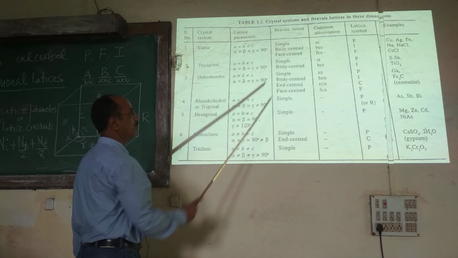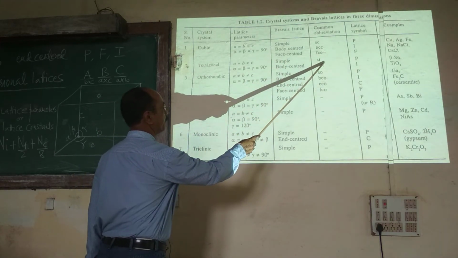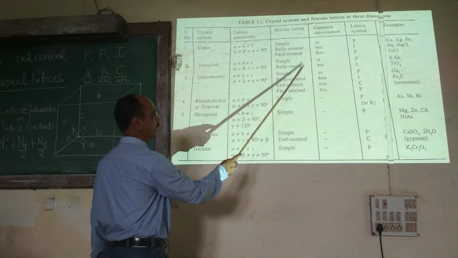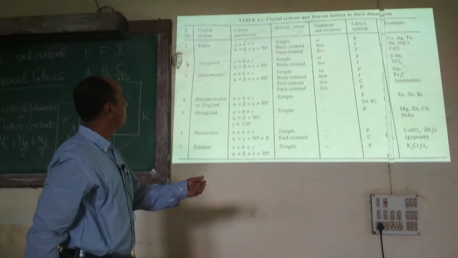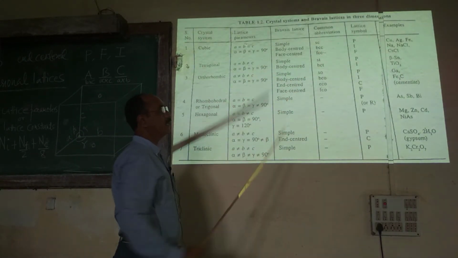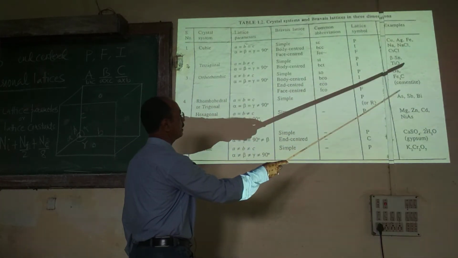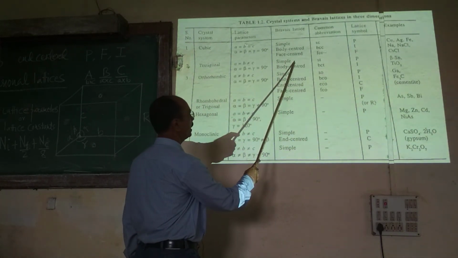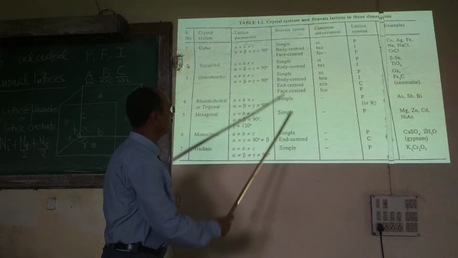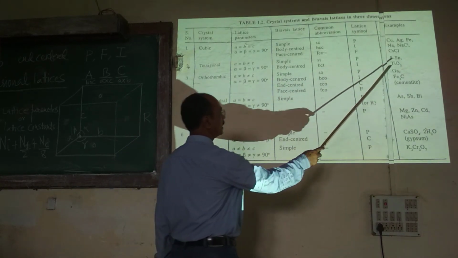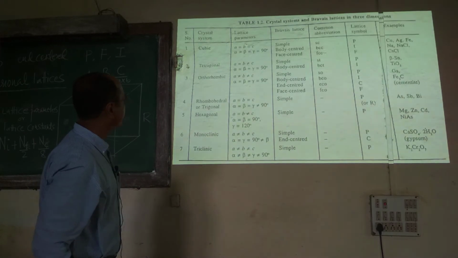There are two Bravais lattices: simple tetragonal, ST, and body centered tetragonal, BCT. Their symbols are P and I. Example of simple tetragonal is beta tin, and body centered tetragonal is titanium oxide, TiO2.